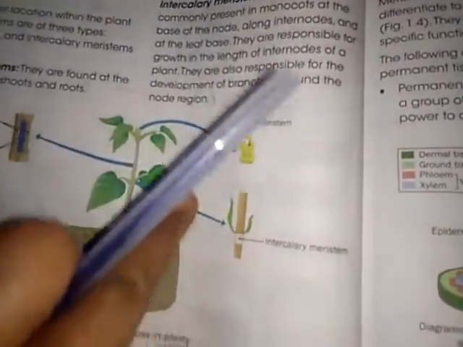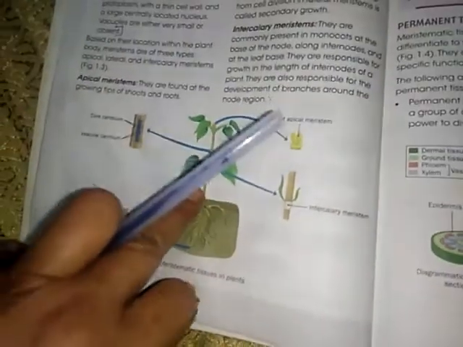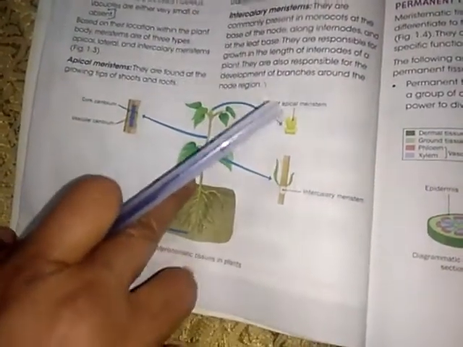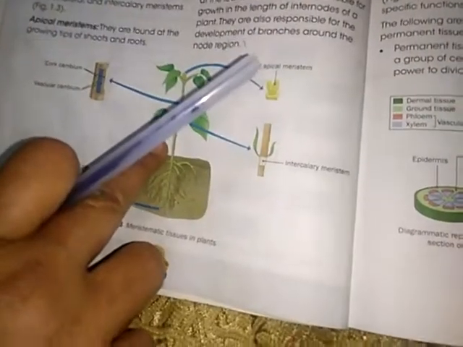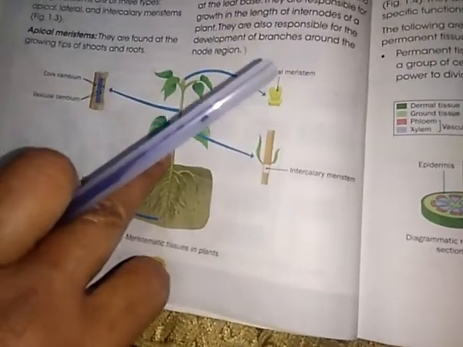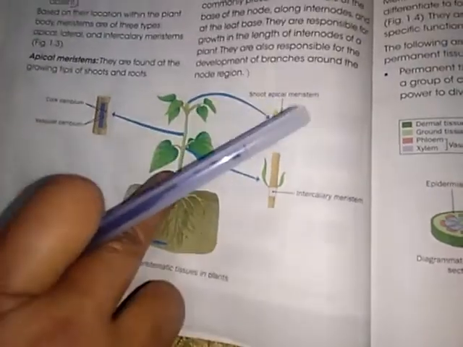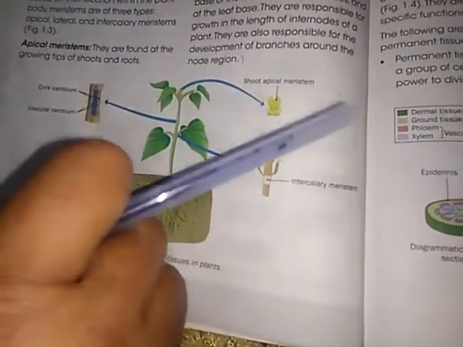Which one gives mechanical support? Ground tissue only gives the mechanical support for the plant body. Without ground tissue, the plant cannot stand straight, otherwise strength.